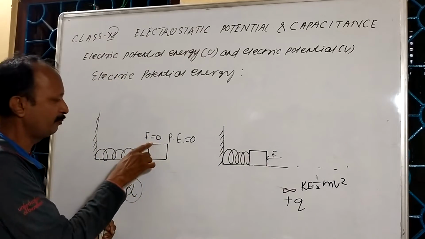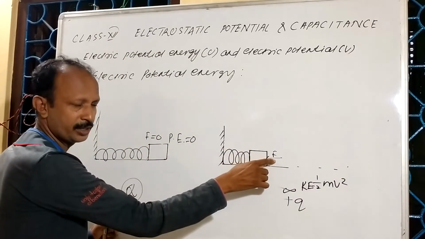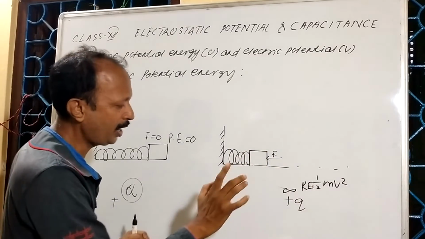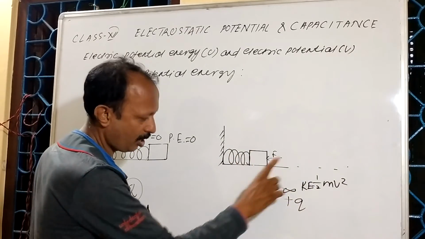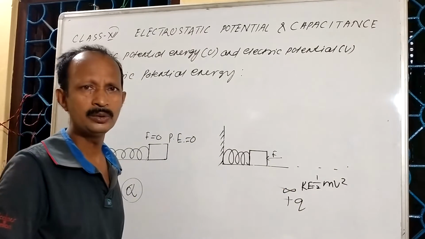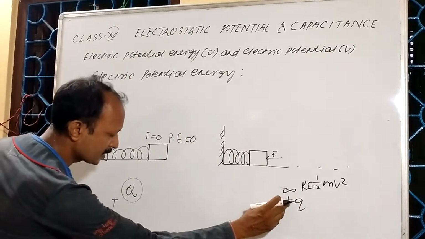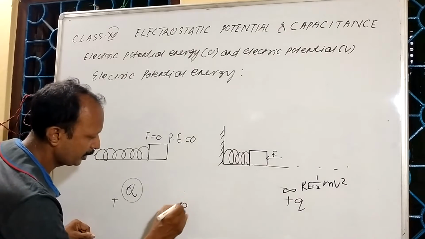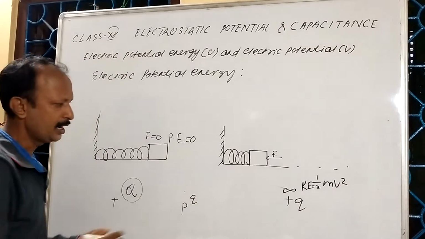Just as I started from force equal to 0 and went to force equal to F, similarly I want to bring this charge from infinity, where the force is 0, to the point P.